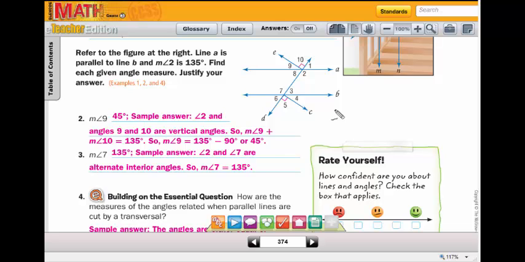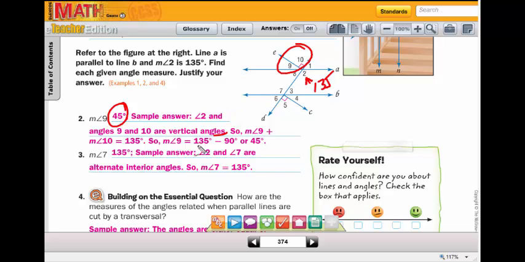So again, we had 45 degrees, which we had for our answer here. And remember, some of these answers are going to be different than what you did because there's more than one way to get there. So they said the measure of angle 2 and angles 9 and 10 represented vertical, which is exactly what I said. So 9 plus 10 has to equal this 135 degrees, again, which is what I said.